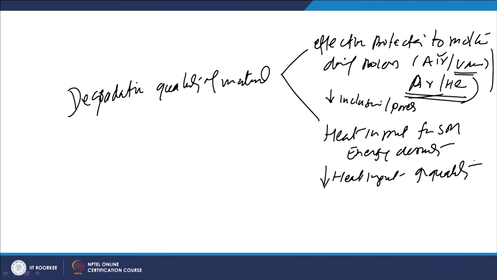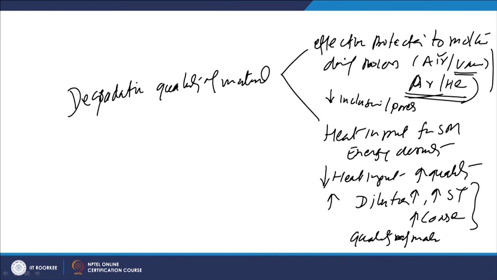There will be less degradation in the quality of the material compared to the case when high heat input is used, because higher heat input leads to increased dilution and increased solidification time, which leads to a coarser grain structure. These factors in turn degrade the quality of the material layer being applied for the surface modification.